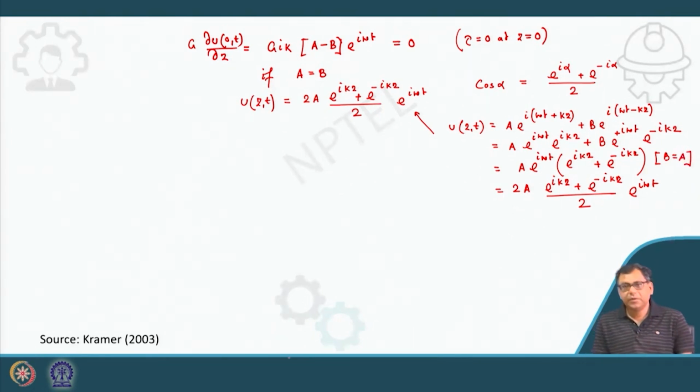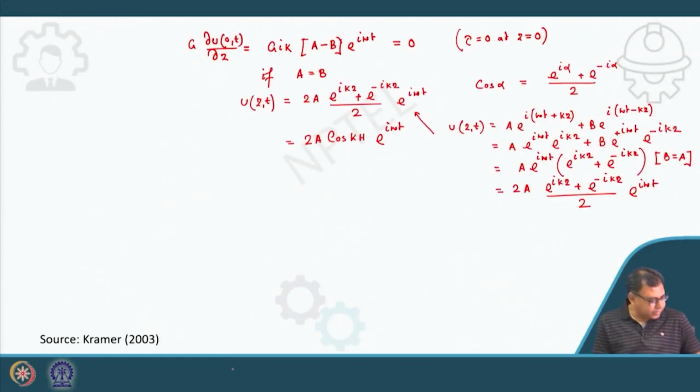That I have proved. So why have I expressed it in this form? Because cos alpha is equal to e to the power i alpha plus e to the power minus i alpha by 2. So now this equation I can simply write as 2A cos kz, because alpha here is equal to kz, then e to the power i omega t.